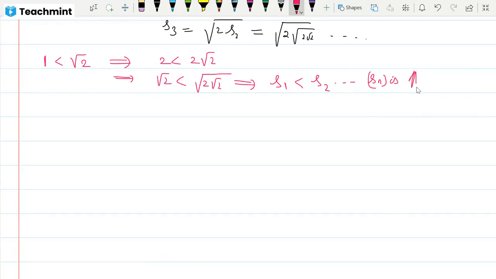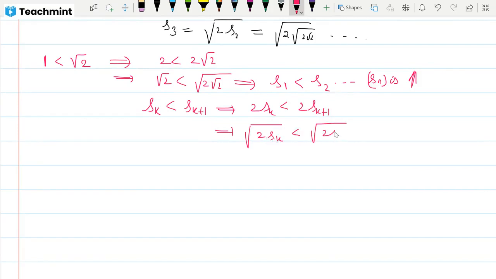Now if the first term is less than the second term, that is part of increasingness, so I call this an increasing sequence. If not, we can prove it rigorously. What is the difficulty here? Suppose by induction sk is less than sk plus 1. Multiply by 2: 2sk is less than 2 times sk plus 1. Now take the square root. So root of 2sk, which is sk plus 1, is less than sk plus 2.